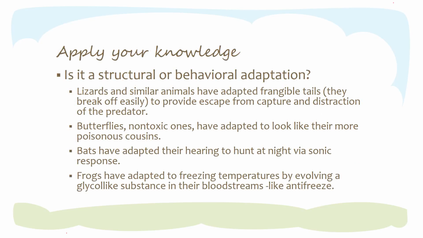Okay, we're going to apply our knowledge. We're going to see what different adaptations animals have done in order to survive in their environment. So with these different scenarios, you're going to figure out if it's structural, which is something that happens to the animal's body, or behavioral, which is something that the animals have changed how they do in order to adapt and survive.